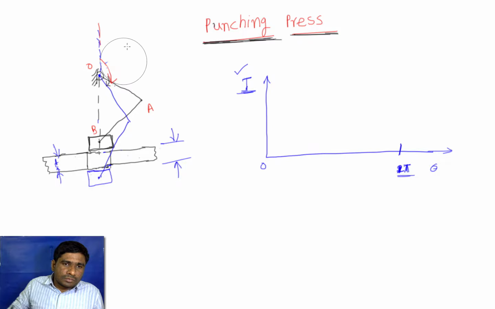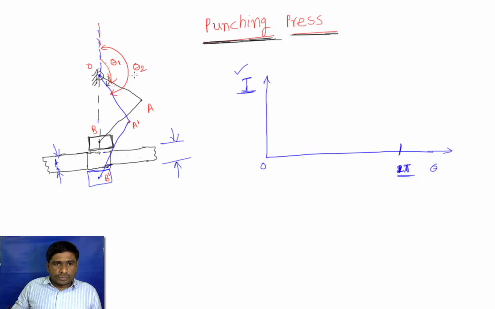So let me write that one. So this is the theta one, and in the second position, where if I consider this point as A dash, and this is the B dash. So when the position is O A dash and B dash, this is the theta, and theta is theta 2.